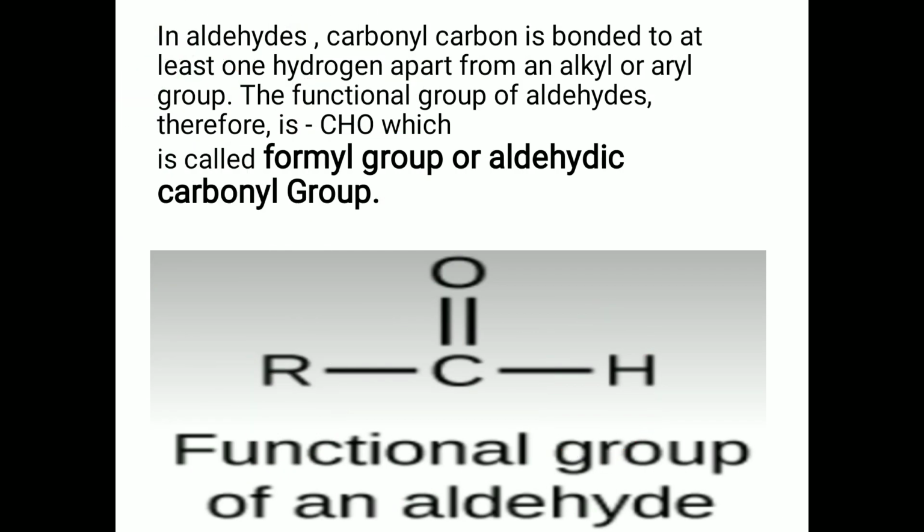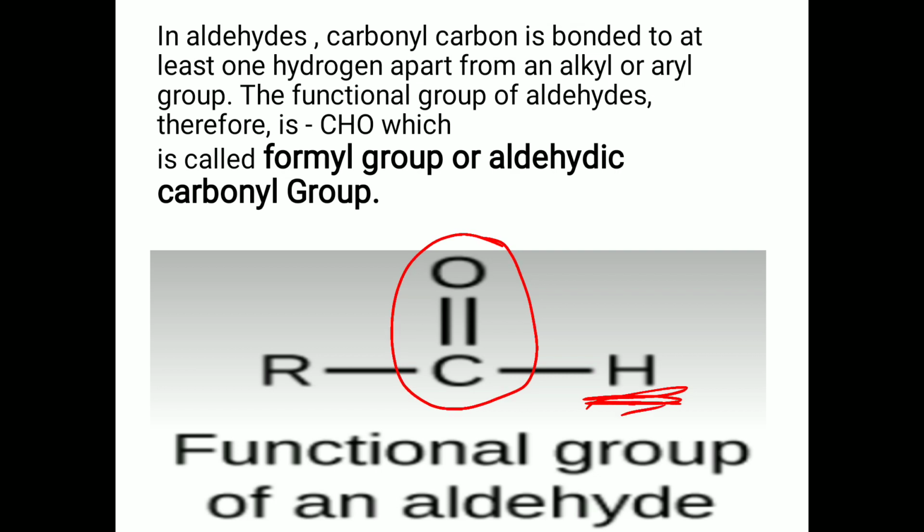In aldehydes, the carbonyl carbon, that is C double bond O, is bonded to at least one hydrogen atom. This is the one hydrogen atom apart from the alkyl or aryl group. That means in an aldehyde there is compulsory presence of a carbonyl group to which a hydrogen atom is attached.